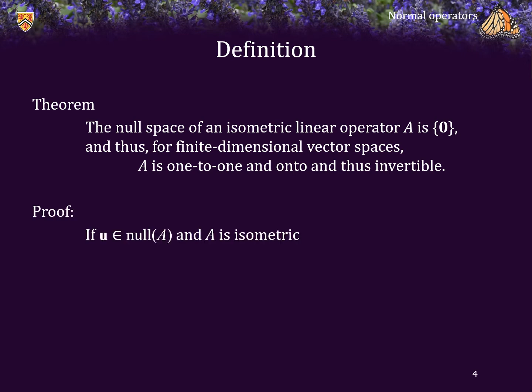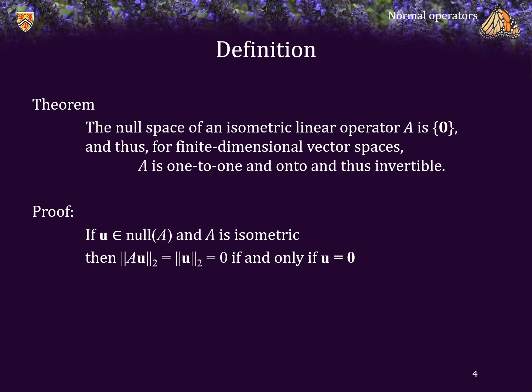Proof. If u is an element of the null space of A and A is isometric, then note that the 2 norm of A applied to u must equal the 2 norm of u, and that must be 0 because A applied to u is the 0 vector.